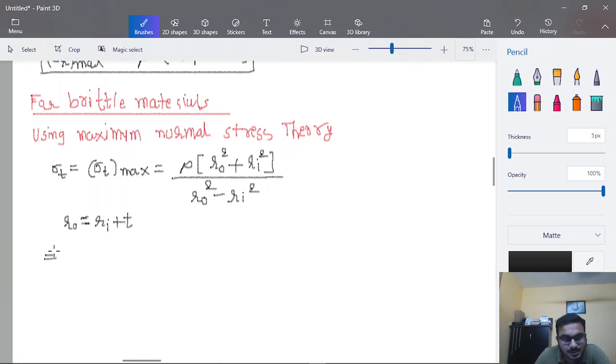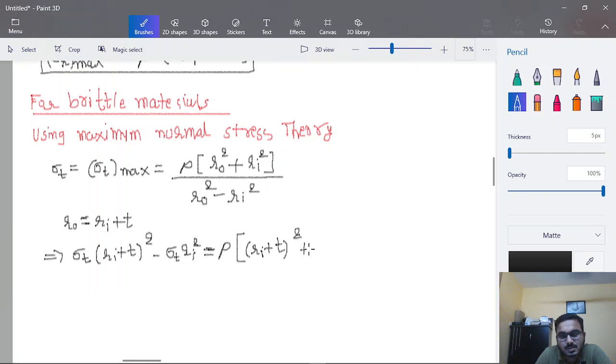So here it implies that sigma T into (Ri plus T) square minus sigma T Ri square is equal to P into (Ri plus T) square plus Ri square.